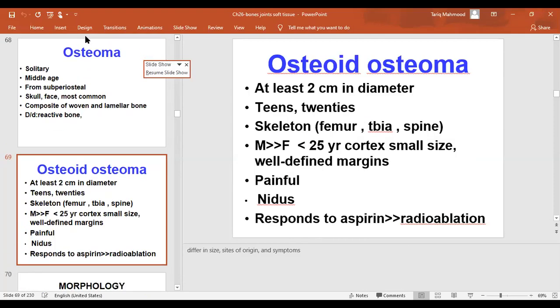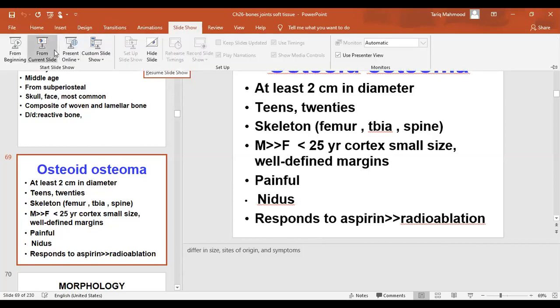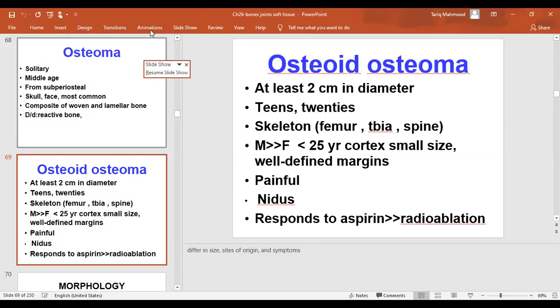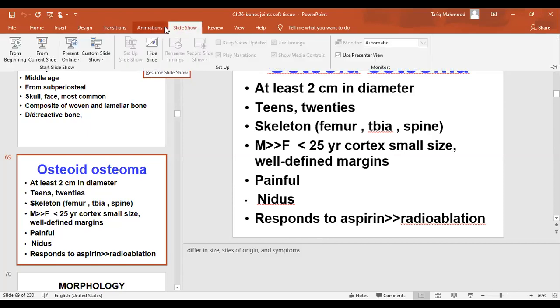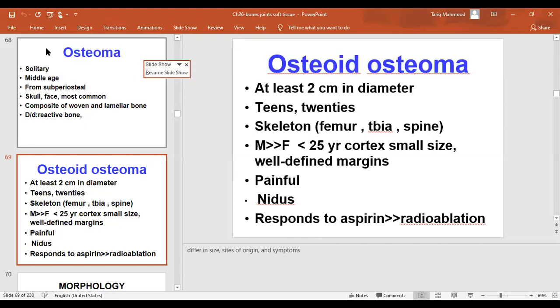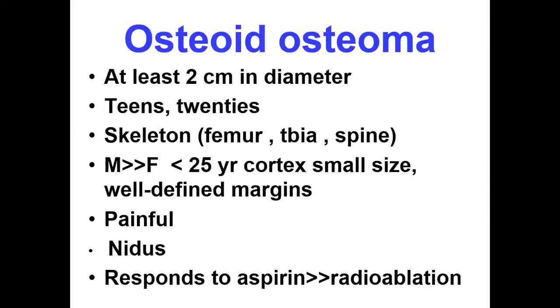Osteoid osteoma is less than 2 centimeters in diameter, and they arise in teens and 20s. Males are affected more commonly than females.